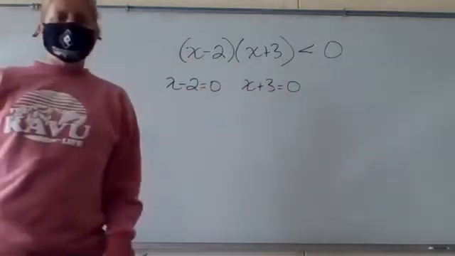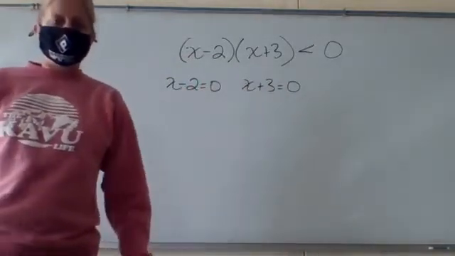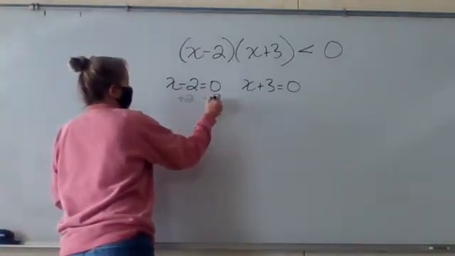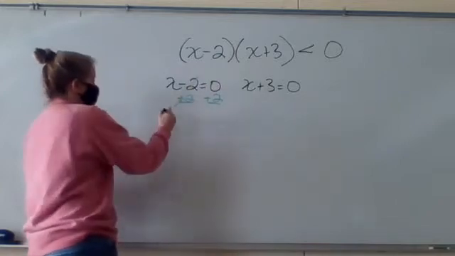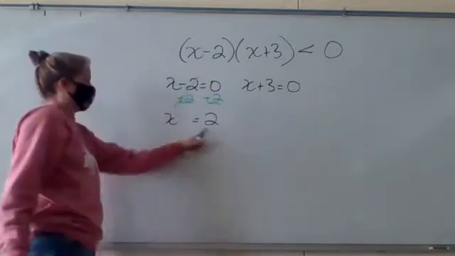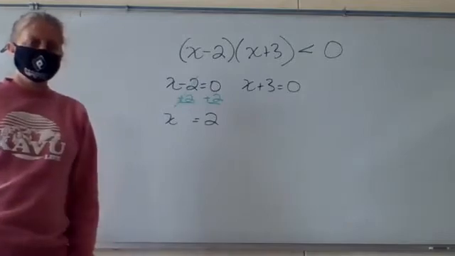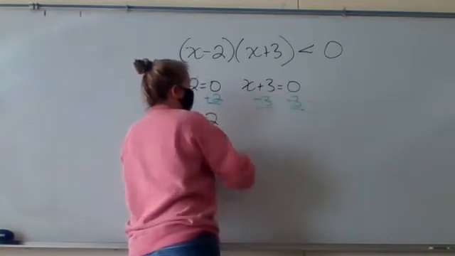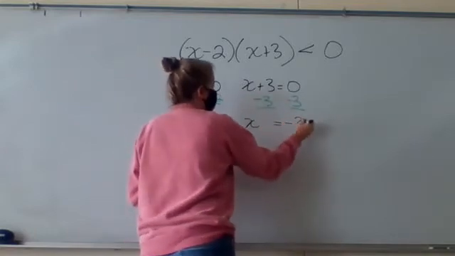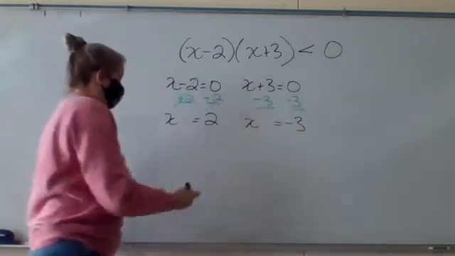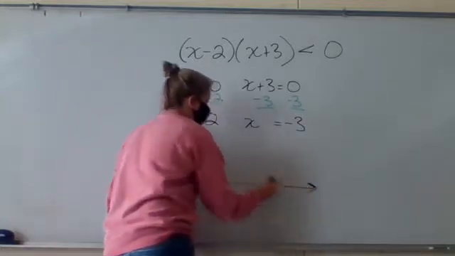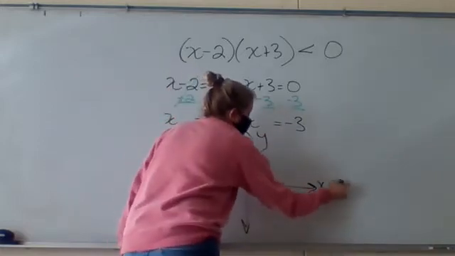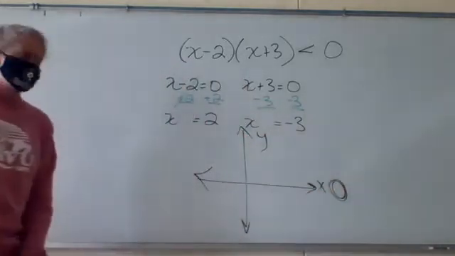If I solve this one, I add 2 to both sides, so x equals 2, which means it's going to cross the x-axis at 2. This one, I subtract 3 from both sides to get x equals negative 3. So what does that look like on the graph? Remember, there's your 0, the x-axis.